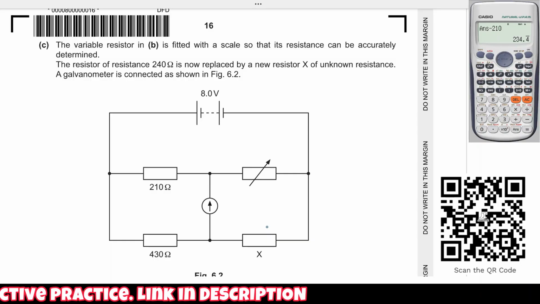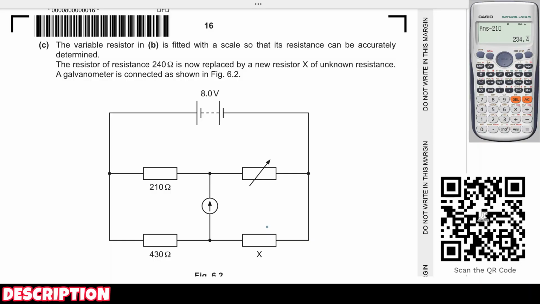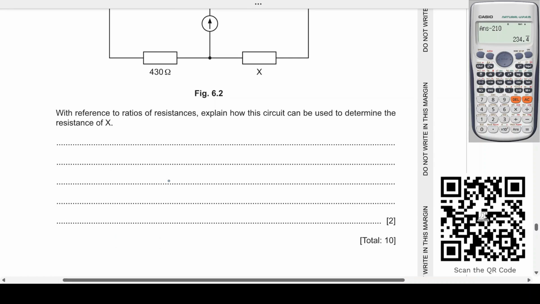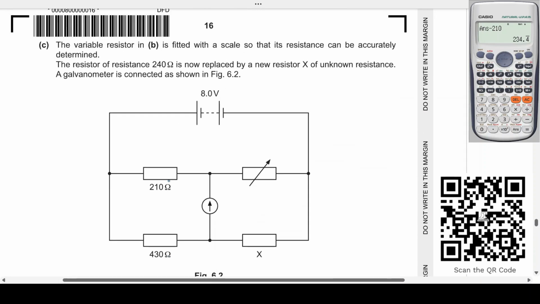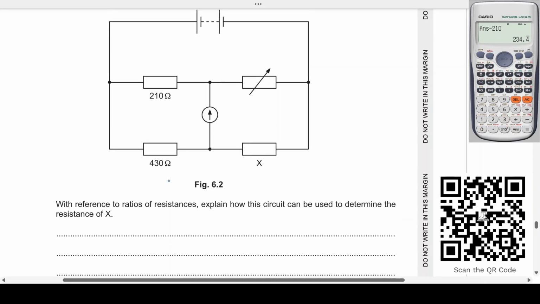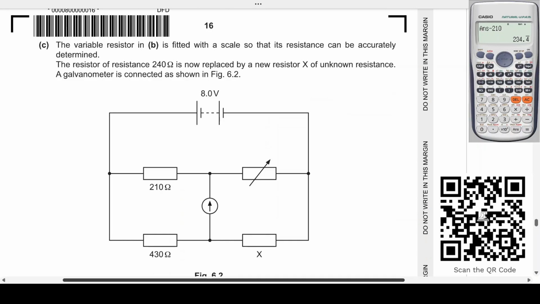A galvanometer is connected as shown. With reference to the ratio of resistances, explain how the circuit can be used to determine the resistance X.